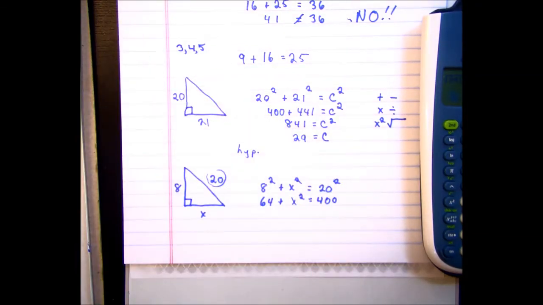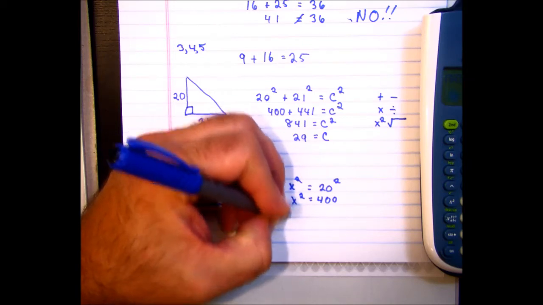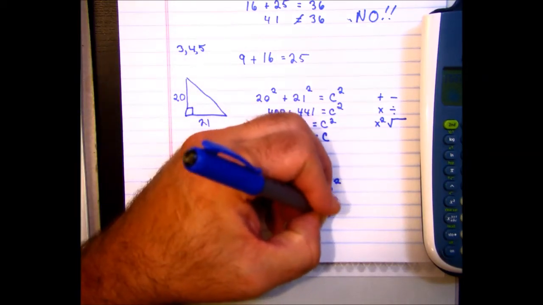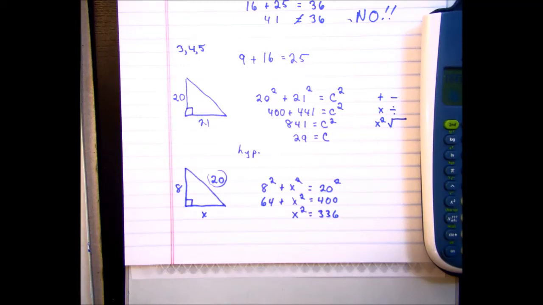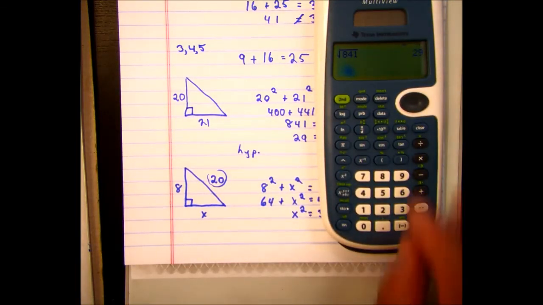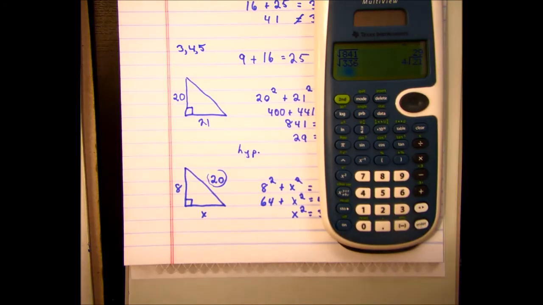I have to minus 64. So I get x squared equals 336. Then I have to square root that answer, and this is where the calculator comes in. The square root of 336 is 4 square root of 21.